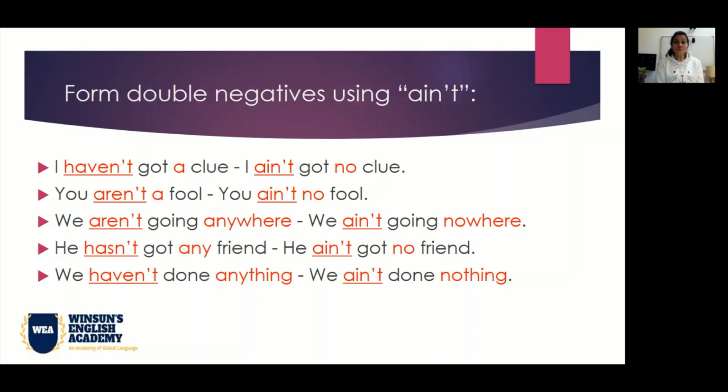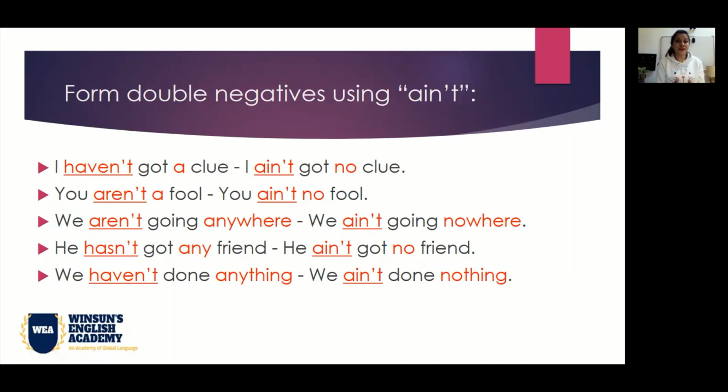Next, forming double negatives. Native speakers, like Americans, ain't is American, use no with ain't. Double negatives. They follow ain't with a negative. How? Let's learn that. I haven't got a clue means I have no clue, right?